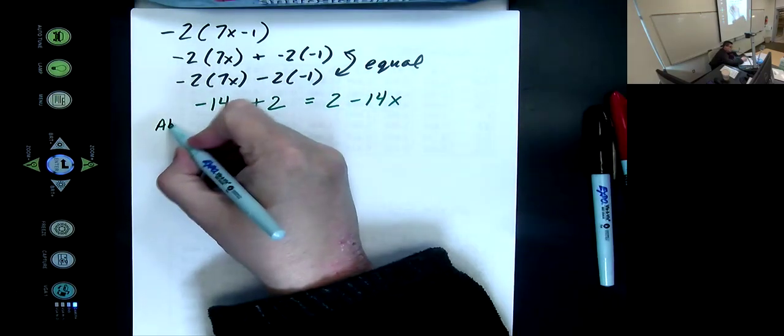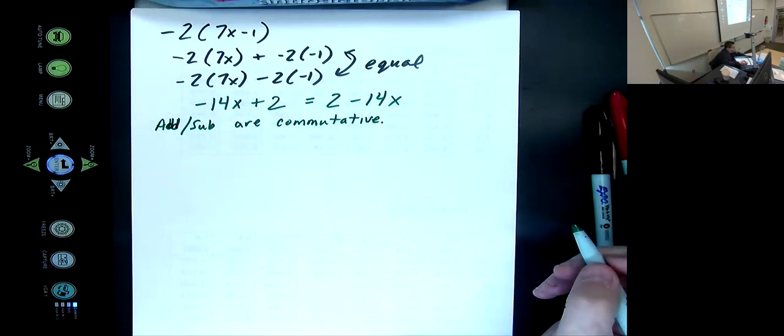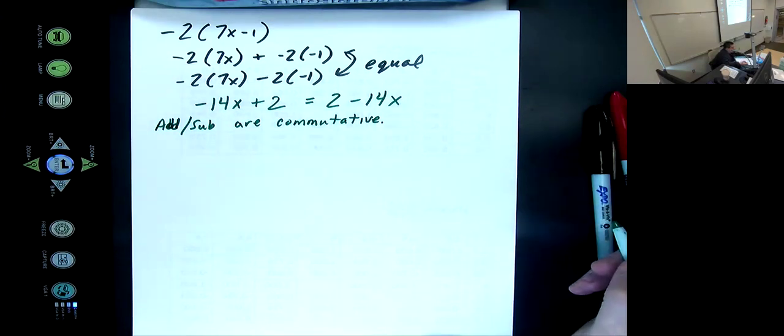Because addition and, that's not a D, that's a D. Addition and subtraction are commutative. That's the word they use. I'm not going to say it again because they just move around. You can move them around. That's what commute means. You move to work. Commute to work, you're moving to work.